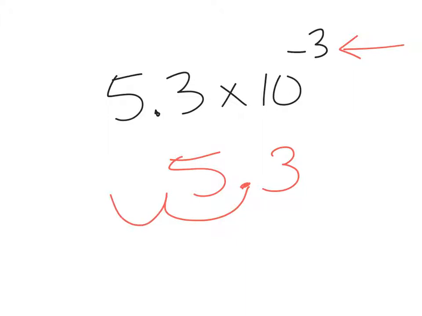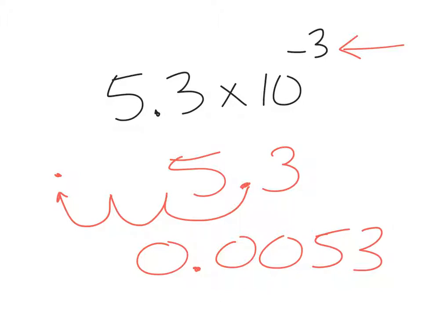Twice would make it 0.053. But 3 times, we're going to end up putting that 0 right there and fill those 2 empty spaces with zeros. And so that makes that 0.0053. So that's where my decimal ended up because I moved it 3 places in the negative direction.